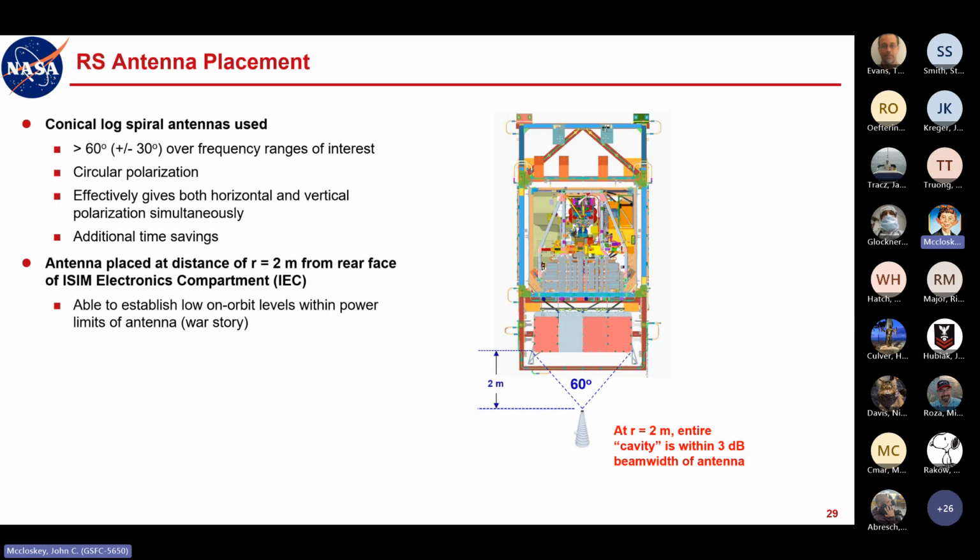So quick war story: I believe it was the higher frequency version, the smaller antenna above a gigahertz. I think we tried to use it for the launch limits of 20 volts per meter, and if memory serves, the antenna is limited to 50 watts.